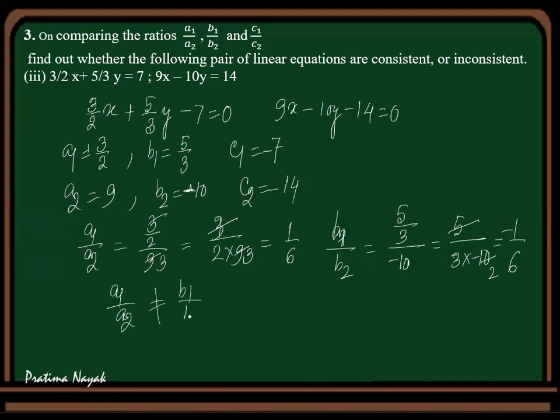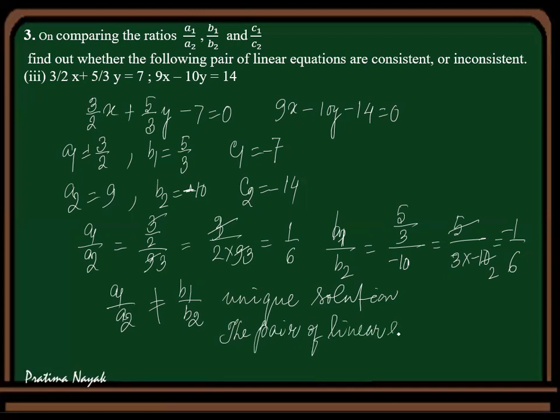Then no need of going for your c1, c2. So this gives you a unique solution. Unique solution means you'll write that the pair of linear equations are consistent.